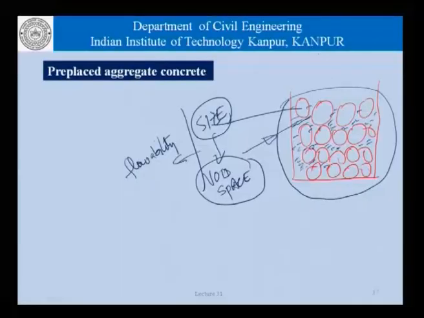As far as the construction is concerned, in pre-placed aggregate concrete, where do we start the grouting process? Whether we take a pipe and just let the grout flow under gravity, filling the spaces here, or we try to push the grout under pressure from below.